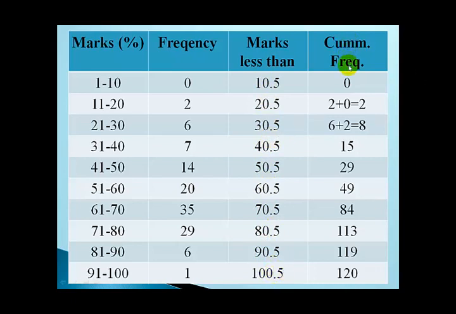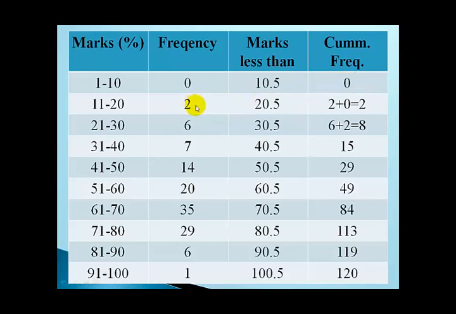It's very important. Take note that considering the first interval 1 to 10, the frequency was 0. So starting, the cumulative frequency is also 0. Now take note, 2 plus 0, that is 2, the second frequency plus the initial cumulative frequency.